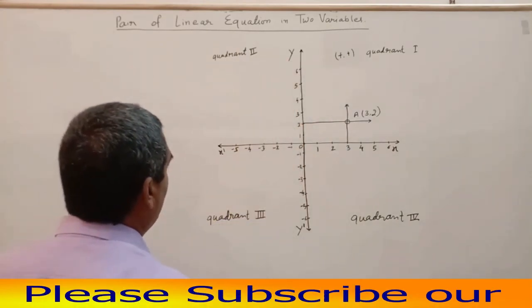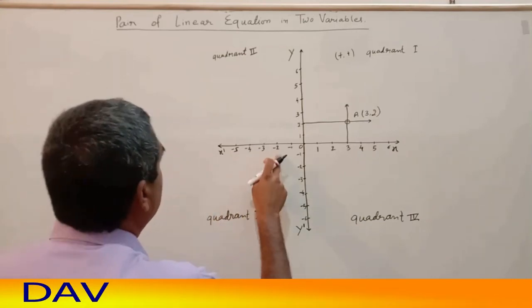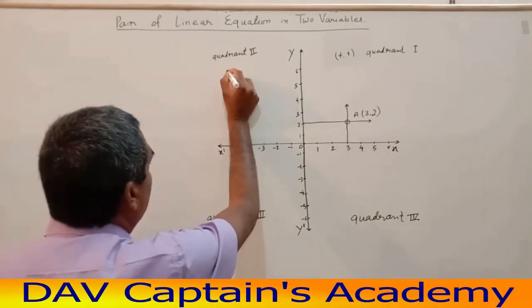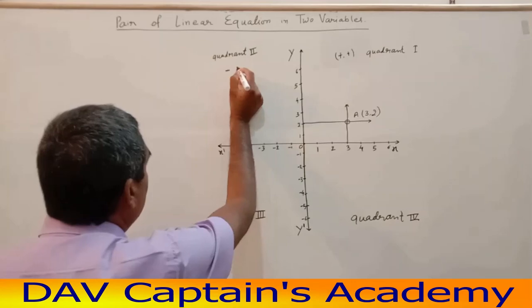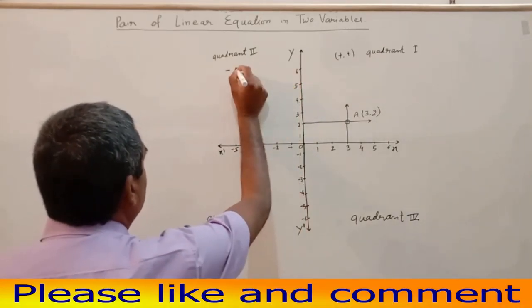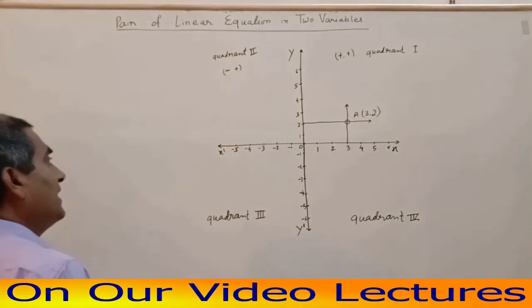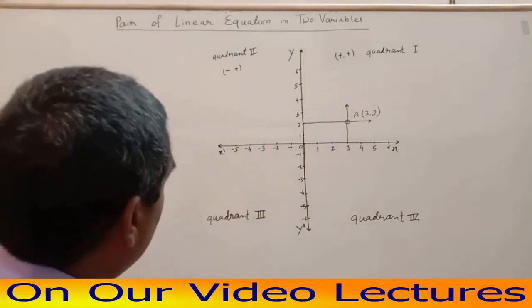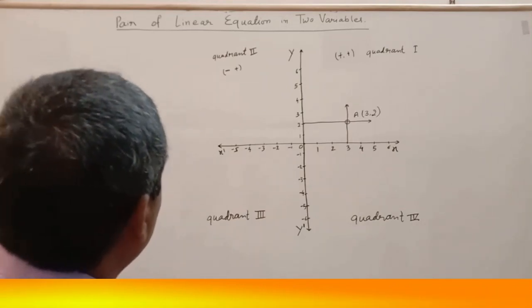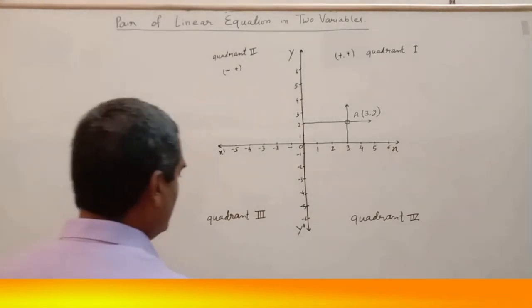It means first of all, we represent the x-axis, so this is minus, and the y-axis is plus, so we write plus here. So in quadrant 2, x will be minus and y will be plus.